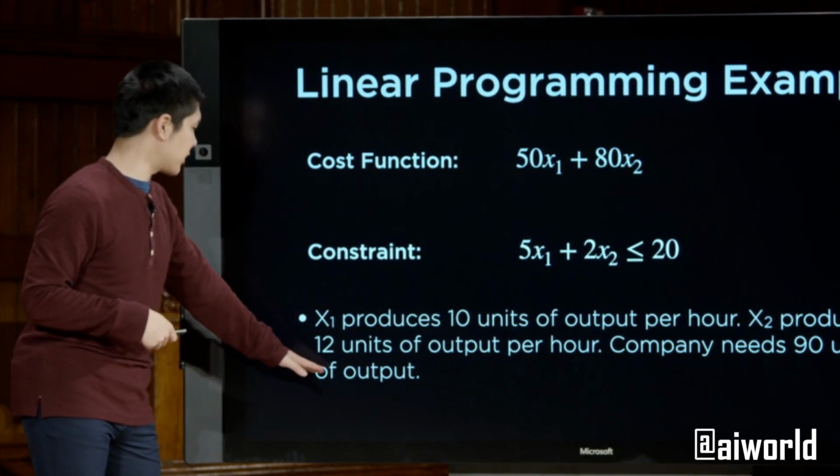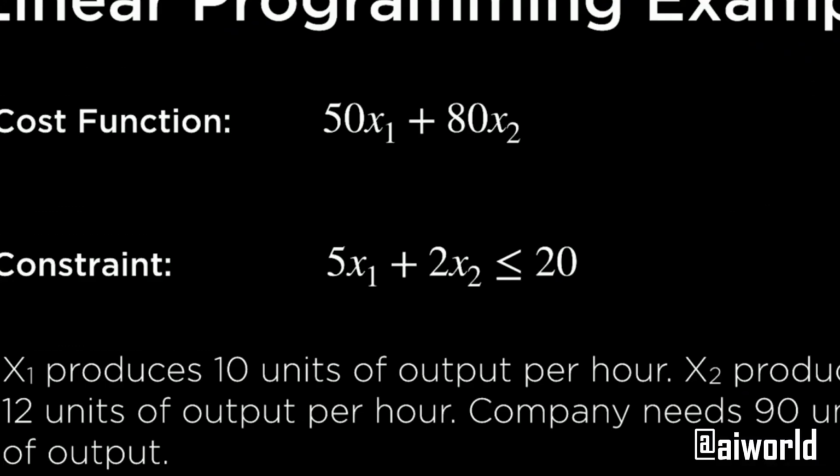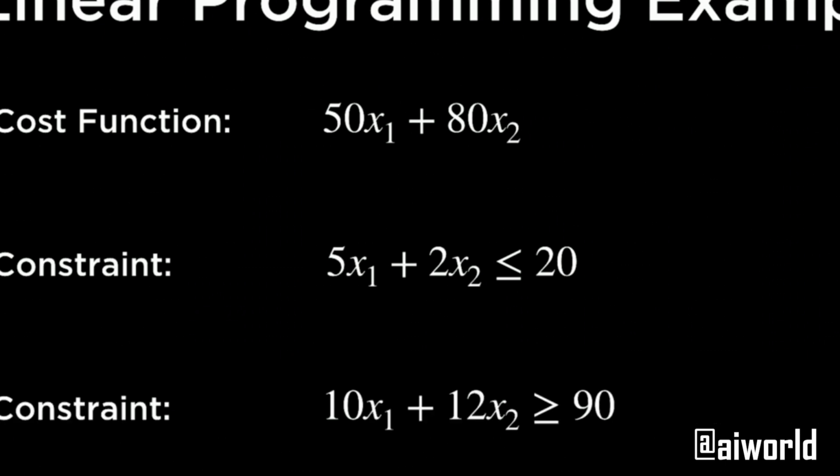And finally, we have this constraint here. x1 produces 10 units of output per hour, x2 produces 12, and we need 90 units of output. And so this might look something like this: 10x1 plus 12x2, this is the amount of output per hour, and it needs to be at least 90. If we can do better, great, but it needs to be at least 90.